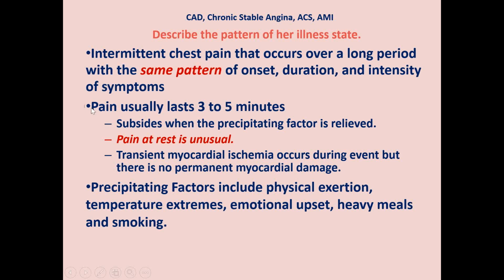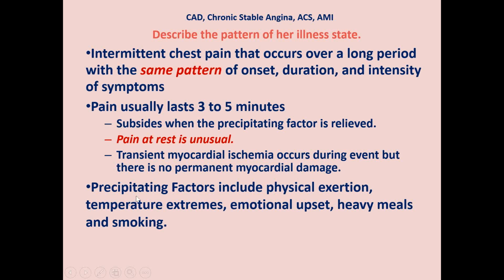And the pain will usually subside when she sits back down, or if she takes some medication to alleviate the pain. So again, chronic stable angina just means same pattern, very consistent, always occurs with the same activity.